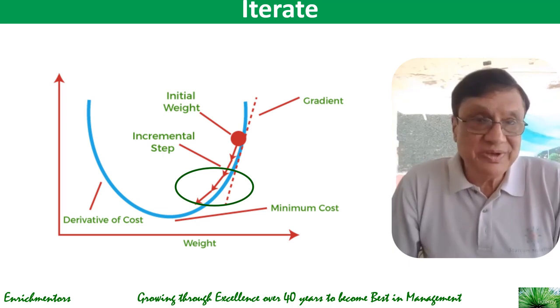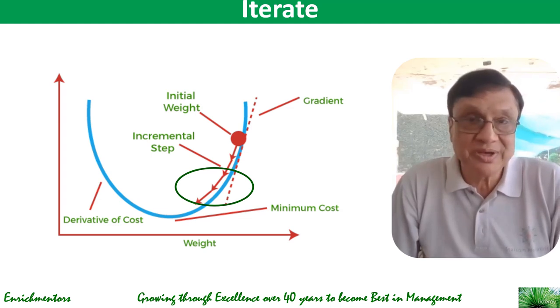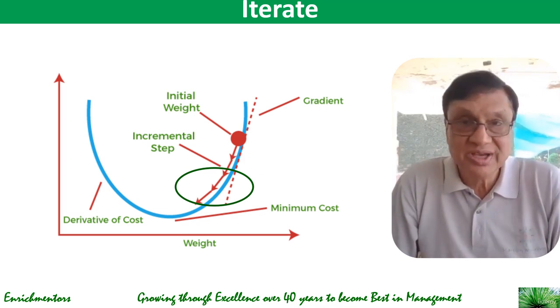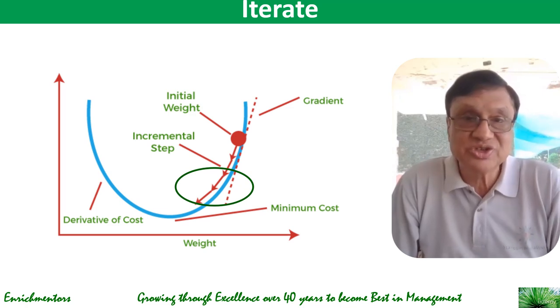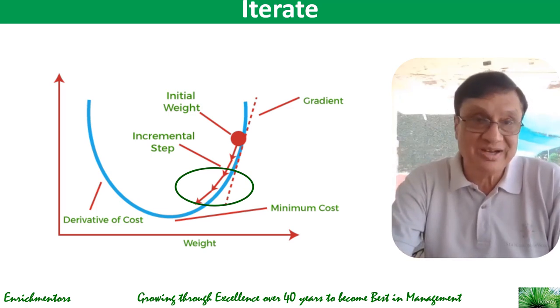You repeat the previous two steps, steps 2 and 3, until a stopping criterion is met. The stopping criterion could be a fixed number of iterations, convergence of the cost or loss function, or reaching a predefined threshold for the gradient. And you iterate till then.